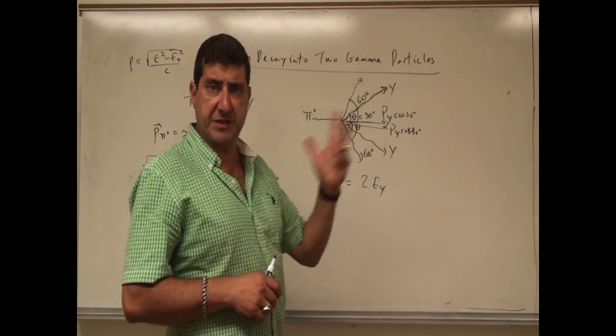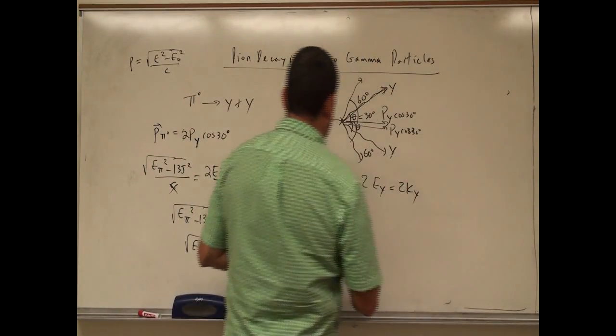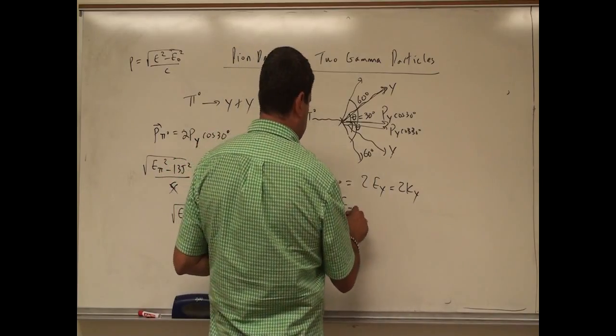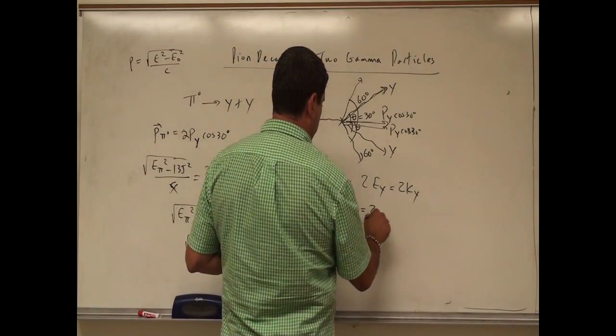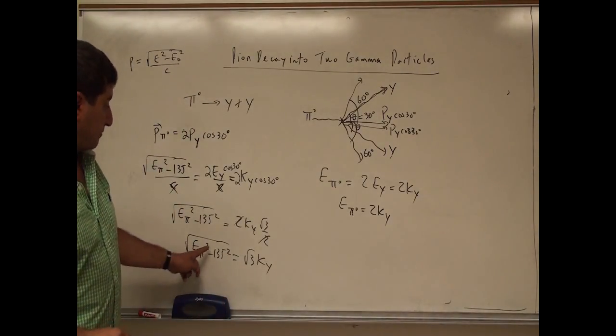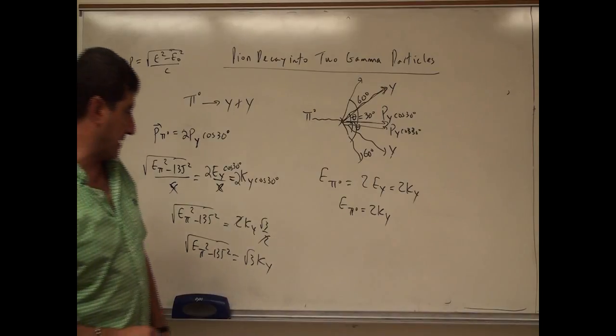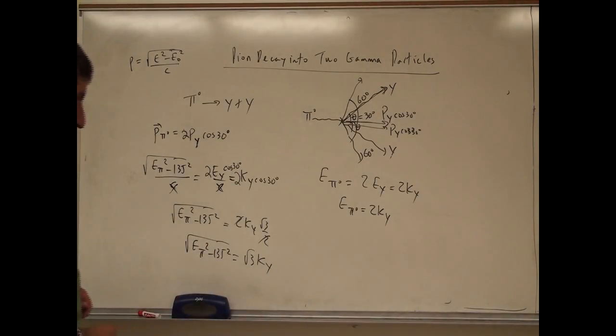But the energy of the gamma is the same thing as the kinetic energy of the gamma. For the energy equation, we don't worry about direction; energy is a scalar. So the energy of the pion is equal to twice the kinetic energy of the gamma, and the square root of the energy of the pion squared minus 135 squared is root 3 times the kinetic energy of the gamma. Now we can put these together.